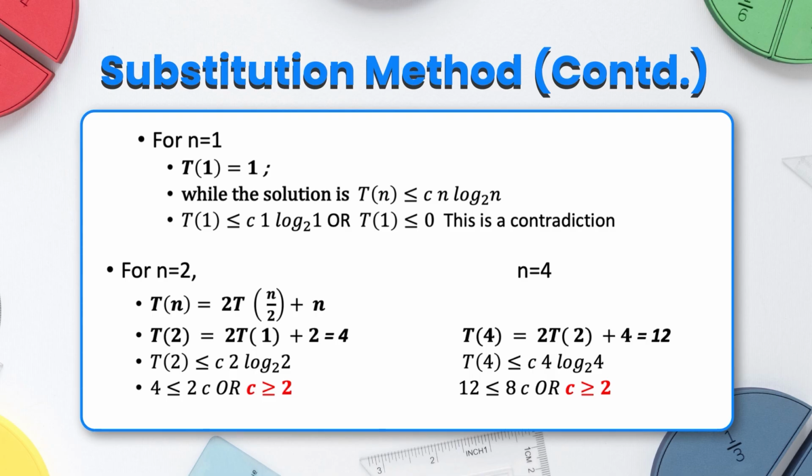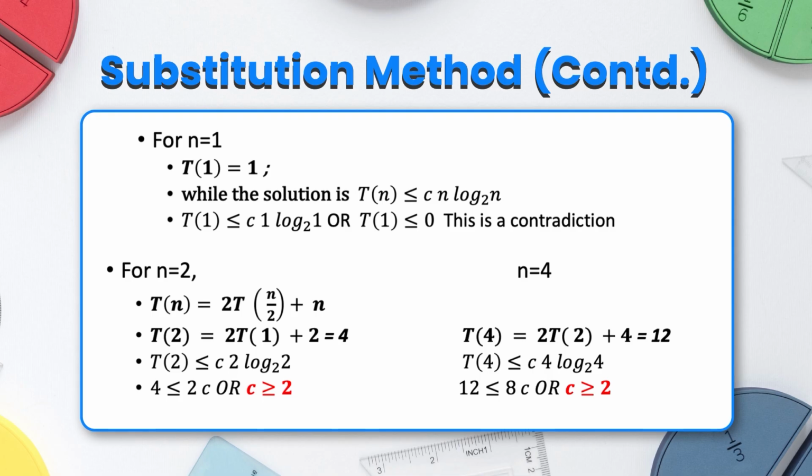All right. So now in this particular case, we are referring to the value T(2). Right. So since we are referring to T(2), we are expecting T(2) should be less than or equal to C times 2 log 2, right? Because we are replacing n by 2 in this particular case, and log 2 of 2 is 1, right?